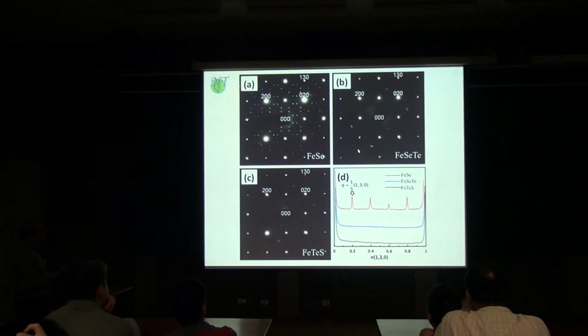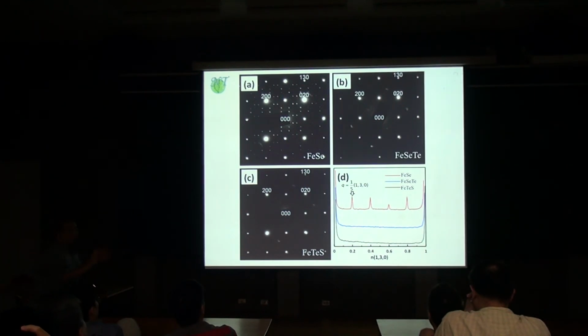On the other hand, for those superconducting ones, the tellurium-selenium or the tellurium-sulfur, you don't see that kind of superstructure, no superlattice. So that tells you that you need to get rid of that in order to become superconducting.